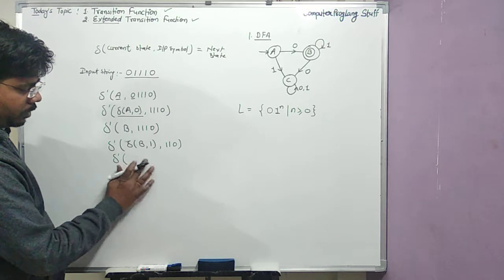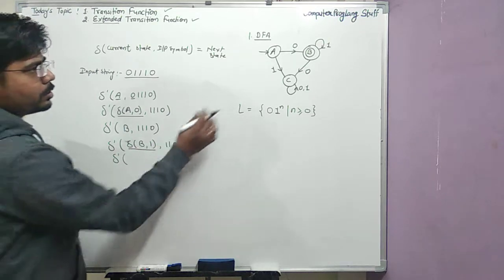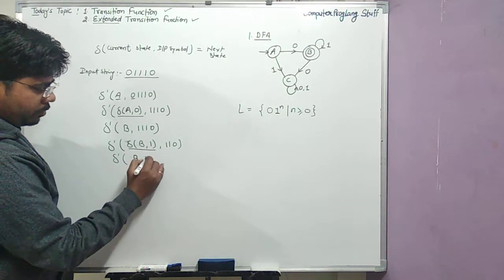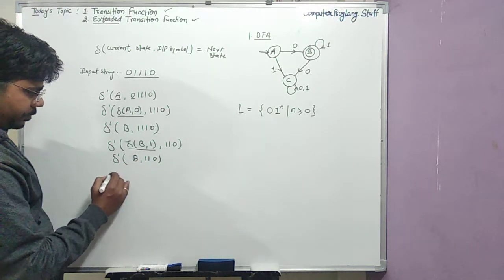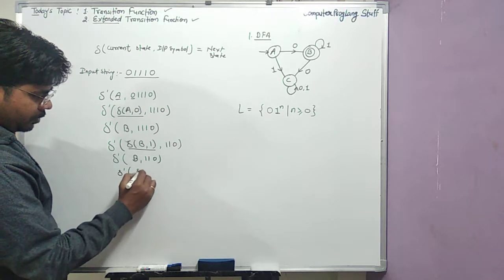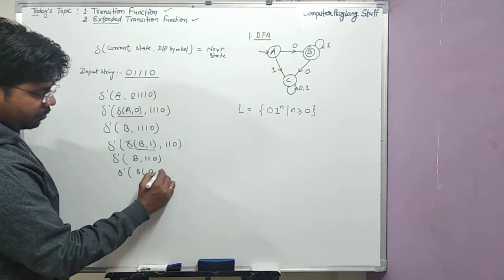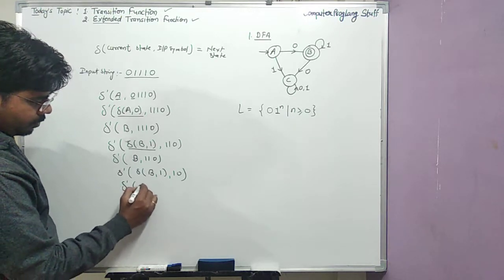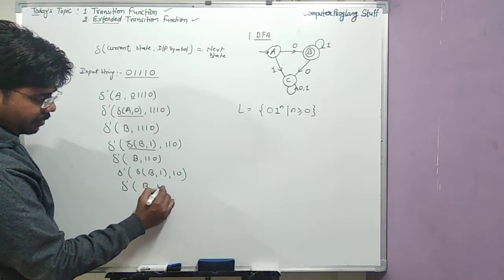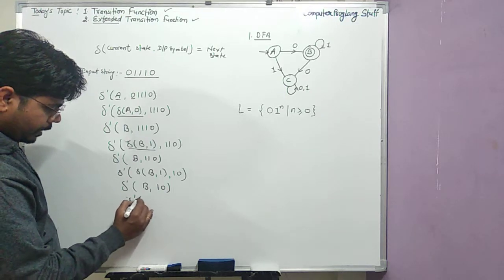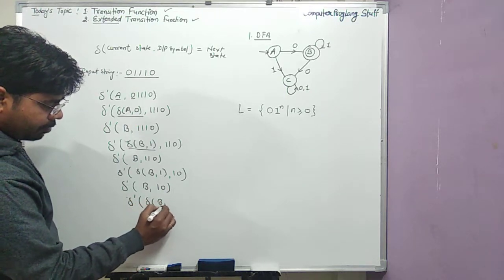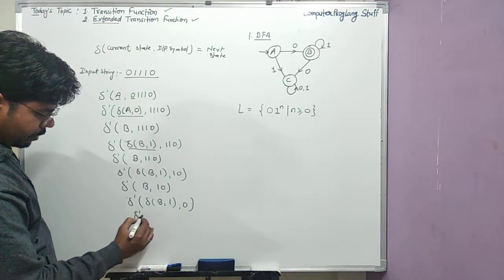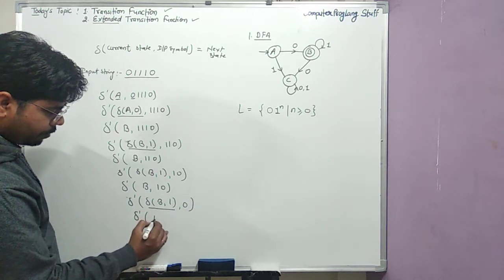We have a self loop of 1, so here we get B with 1 1 0, then B with 1 0, and again you will get B with 0.